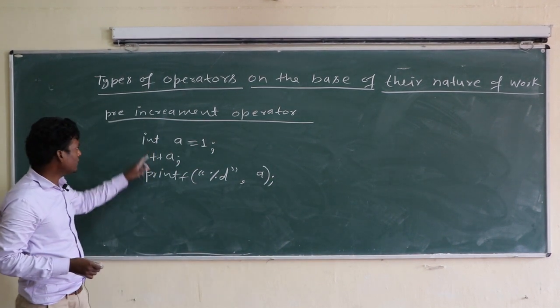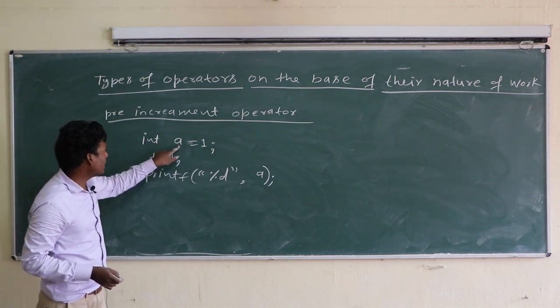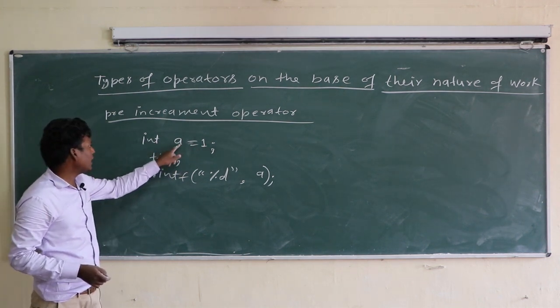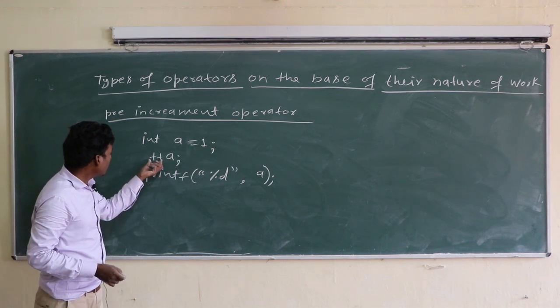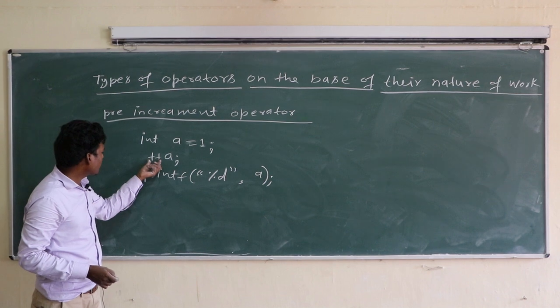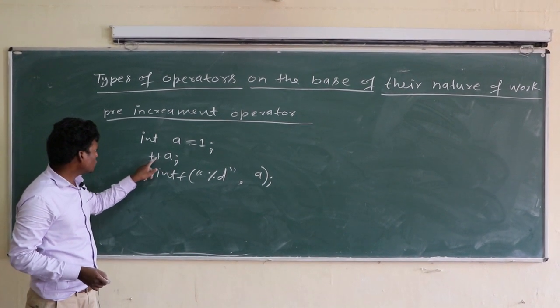Here you can see int a equal to 1: it is a data type, a variable, and a constant, and a has value 1. You perform the increment operation on a with plus plus a.